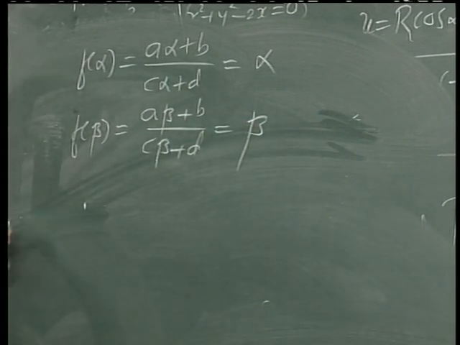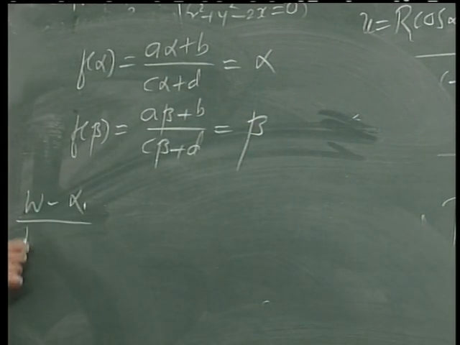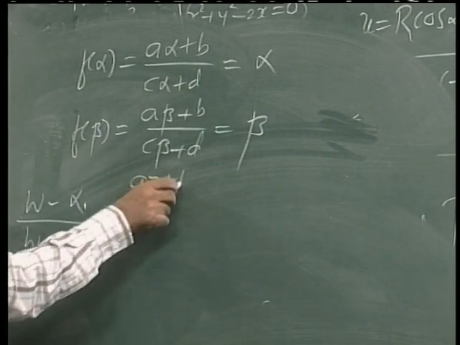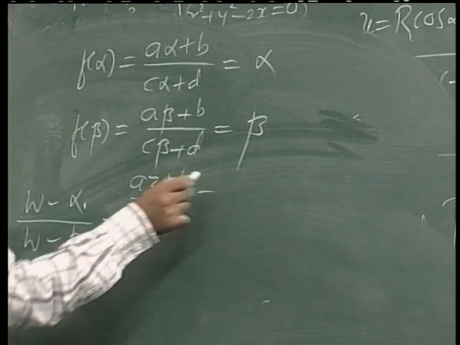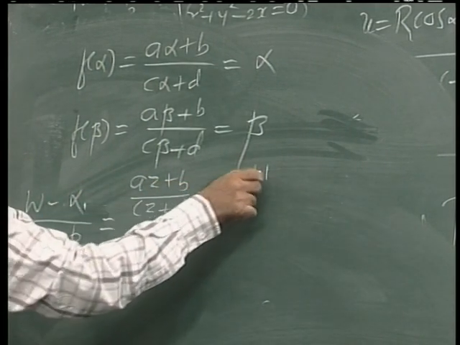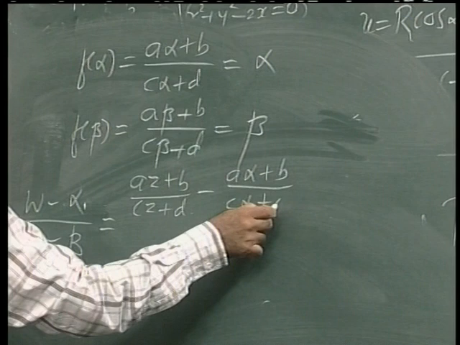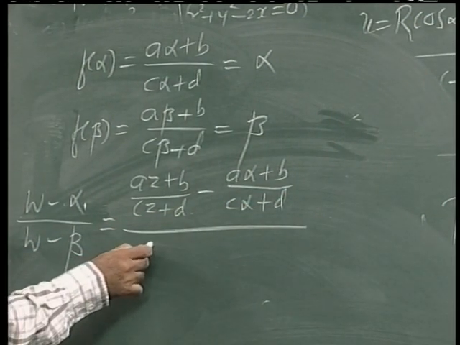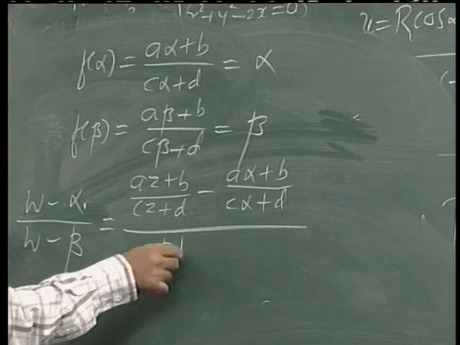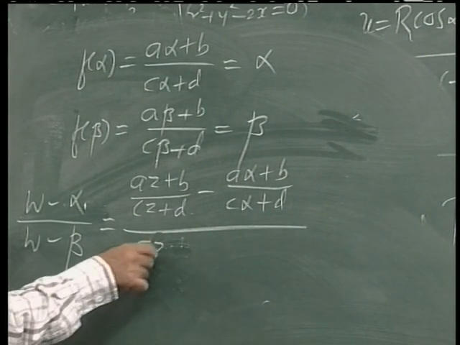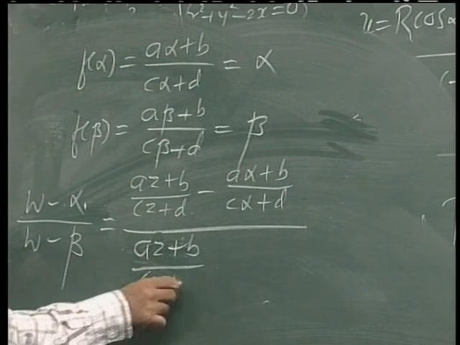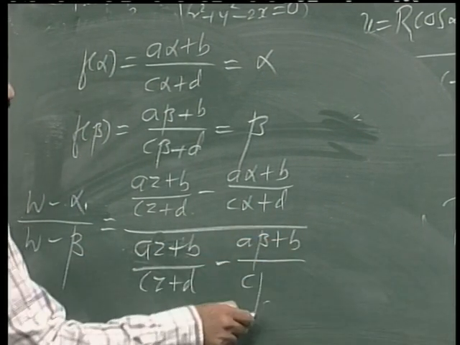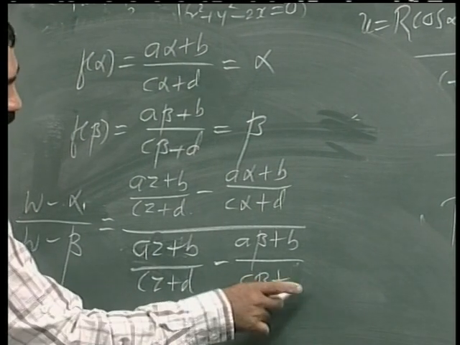Now w minus alpha upon w minus beta, where w is f(z), is (az plus b) upon (cz plus d) minus alpha, upon (az plus b) upon (cz plus d) minus beta.